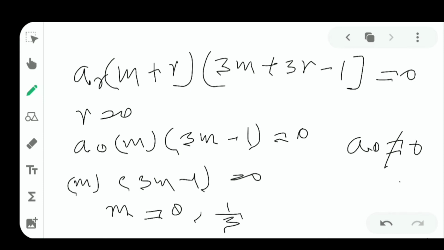It is m1 and m2. Here m1 is equals to 0, and m2 is equals to 1 by 3. We can also write it like this: m1 will be equals to 0, and m2 will be equals to 1 by 3.